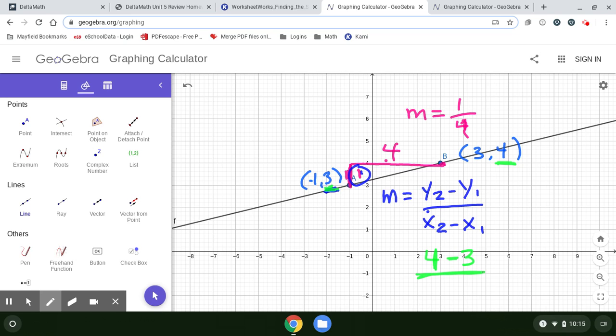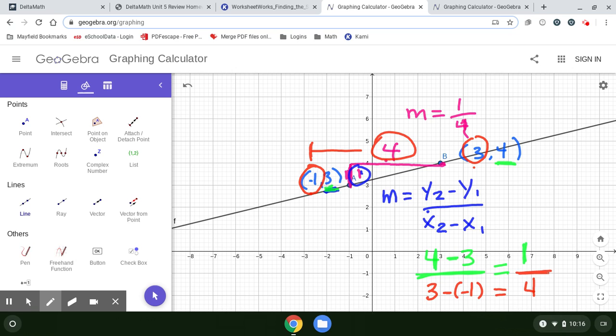The difference is 1. Then if I look at my x's, what's the difference from here to here? Because that's what this 4 is. It's the difference. How far did it go? The difference between 3 minus negative 1 is 4. So this is the reason why this slope formula works.